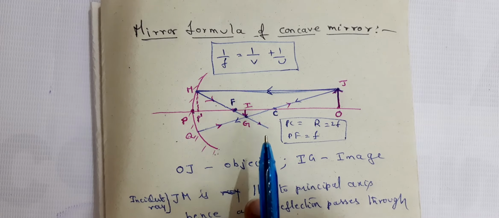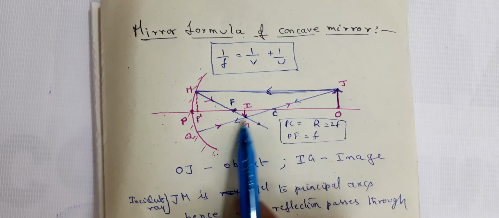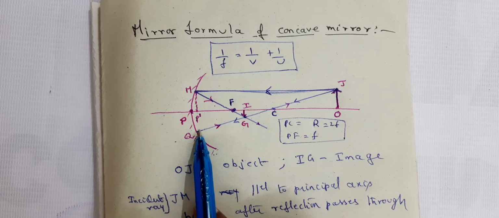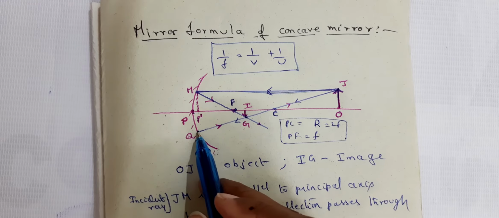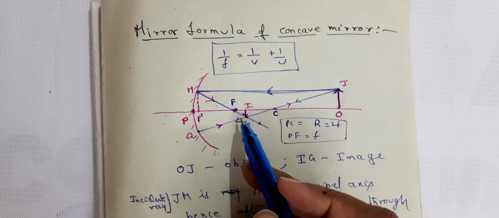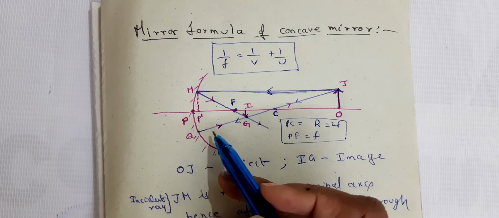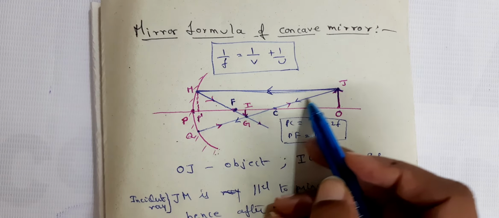The second ray we take is the ray passing through the center of curvature. Whenever the ray passes through the center of curvature, it is incident on the mirror perpendicular to it, that is, along the normal. Whenever a ray is incident on any mirror along the normal, the reflected ray takes the same path.